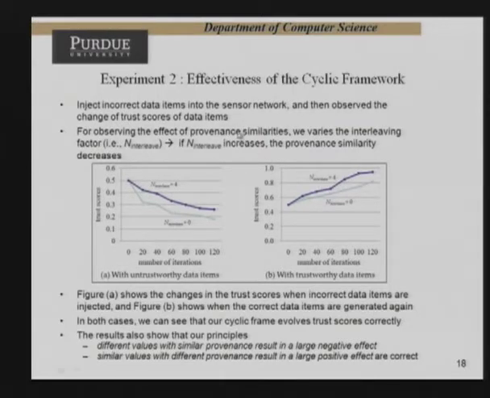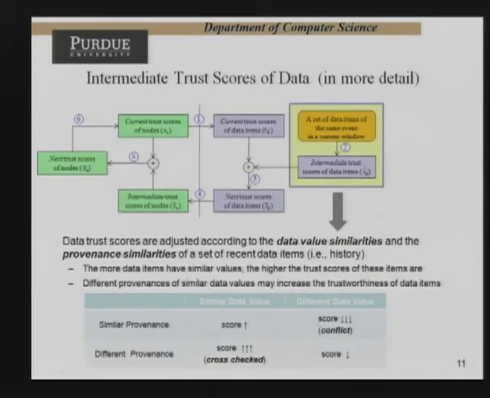And here, in contrast to the previous result, we can see that if we use the data items which have different provenance, it will reflect the situation more, because we say that similar data value items with different provenance increase the trust scores.